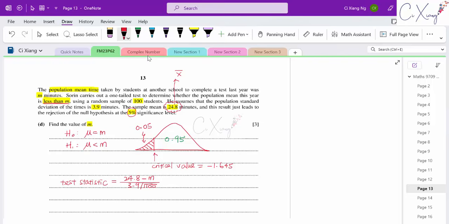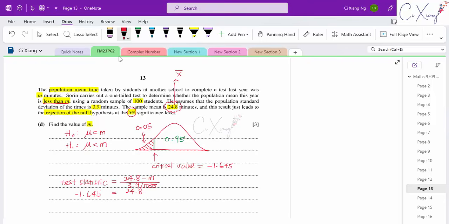And this test statistic will lead to rejection of the null hypothesis if it falls under the rejection region. Where it falls, we don't know. Therefore, we assume that it falls on the borderline of the acceptance and rejection region, where this will also lead to rejection of the null hypothesis. That means I am going to let negative 1.645 equal the test statistic, so it falls on the critical value.